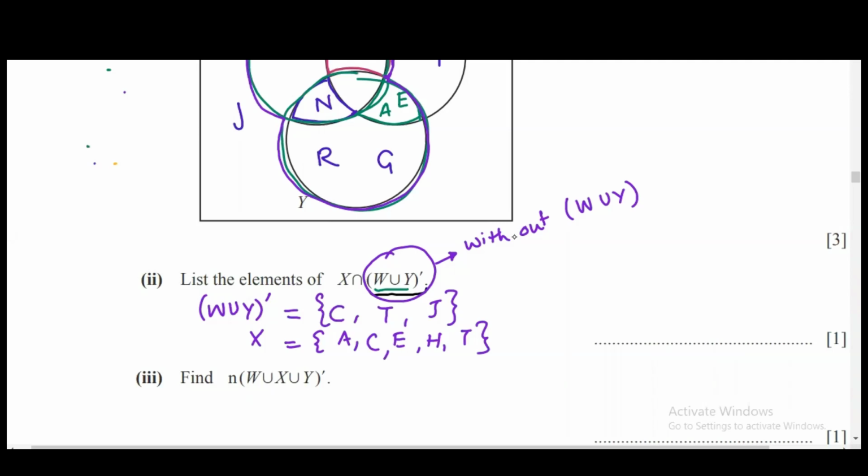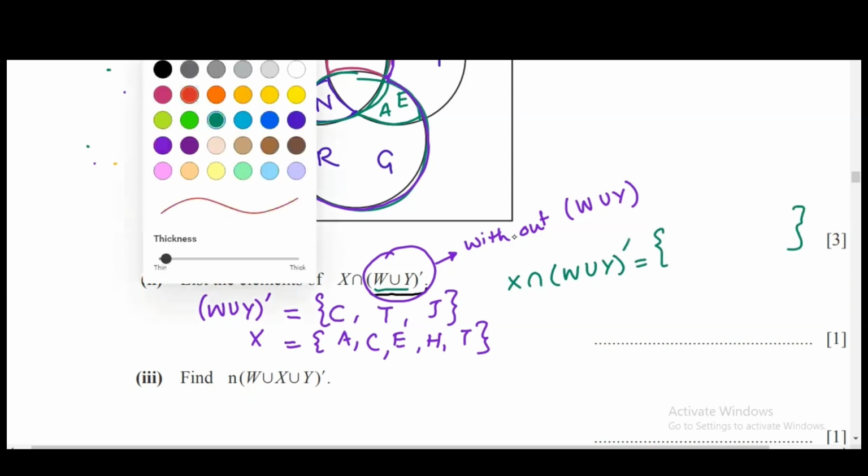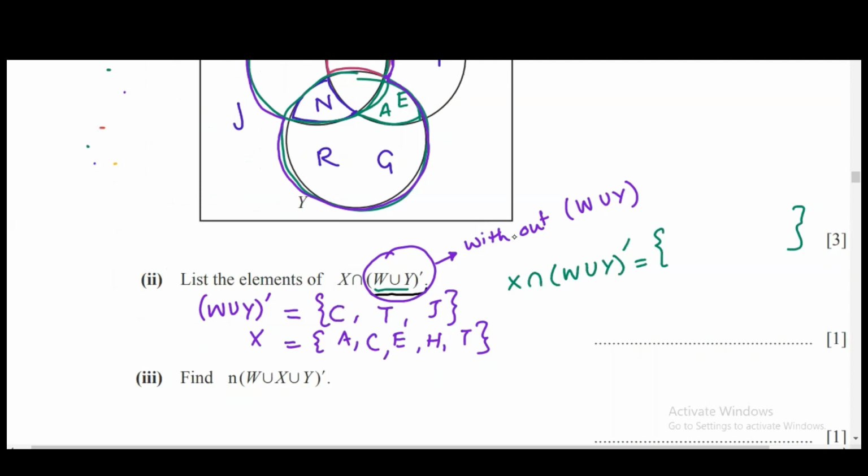Now find out X intersection W union Y, the whole complement. This is intersection here.